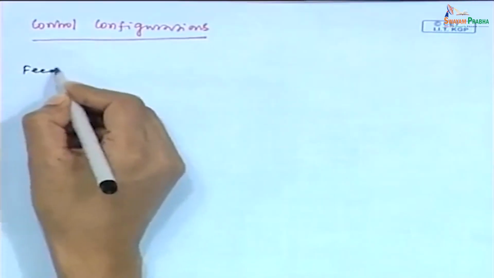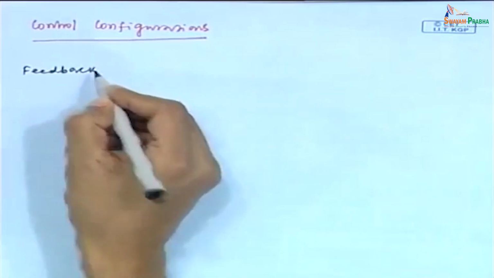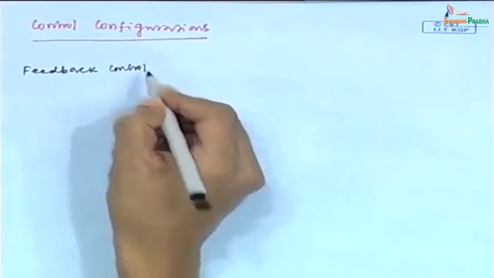We will consider the distillation example, which is quite complex compared to the liquid tank and heating tank system. First, we will consider one control scheme, that is the feedback control scheme.